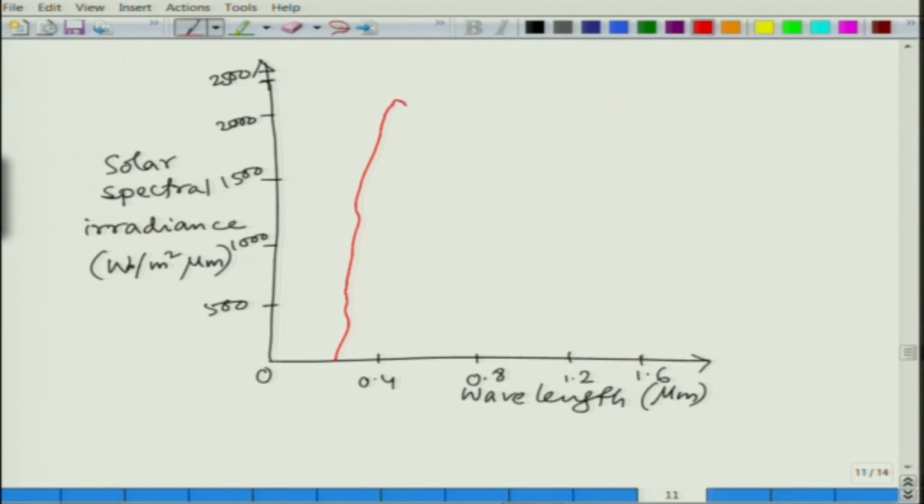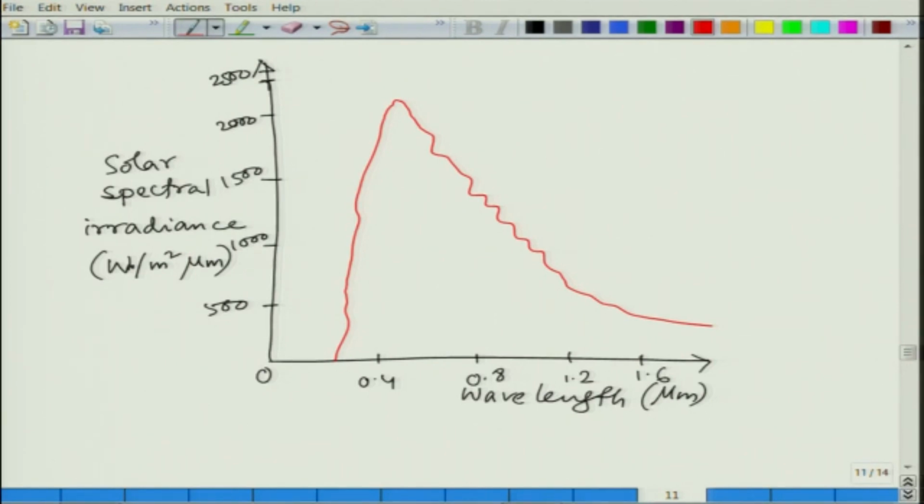It goes up to a peak, you have a lot of wiggles here, and it comes down as the wavelength goes up into the infrared region.